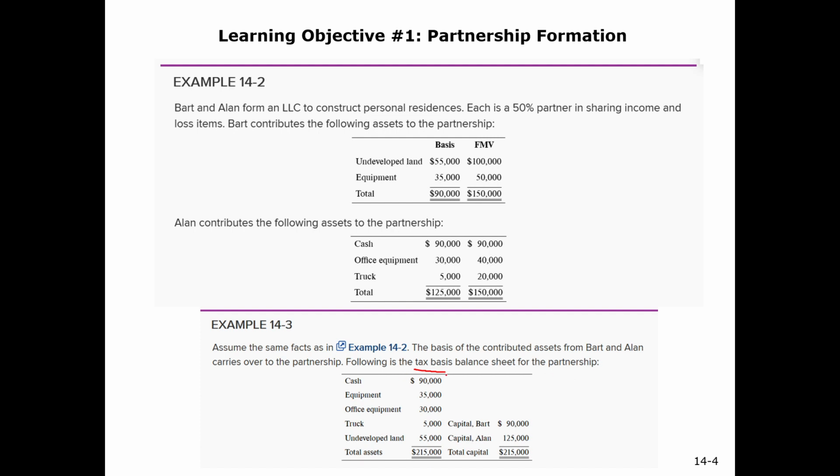The purpose of this is to show you that the basis, for example, of Bart for this equipment was 35,000, and so the partnership is going to continue carrying this 35,000 as the initial basis and will continue to depreciate where the individual left off.